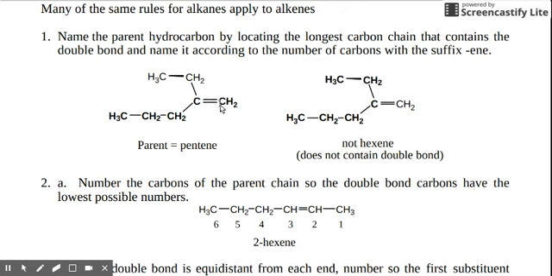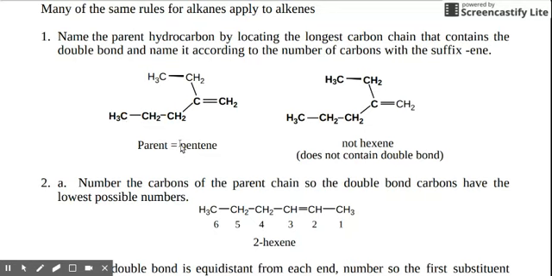And of course, you start numbering from the right so that you can still get the longest chain from that double bond. So we start numbering here. So that's 1, 2, 3, 4, and 5. So that means your parent chain is not hexene but pentene. It's 5. Okay, so specifically the name for this is 1-pentene.